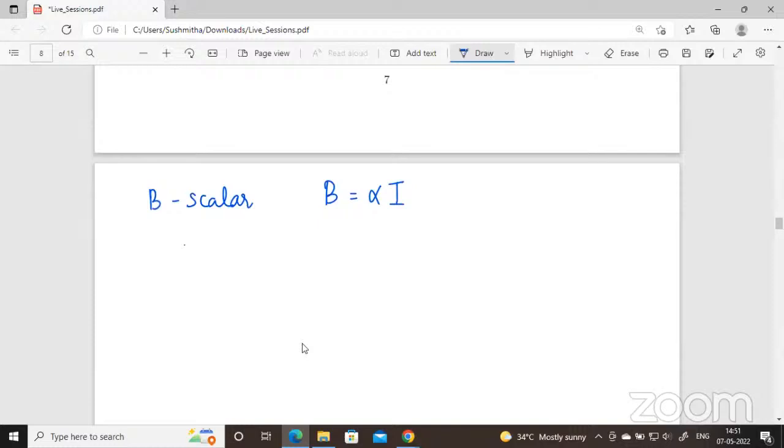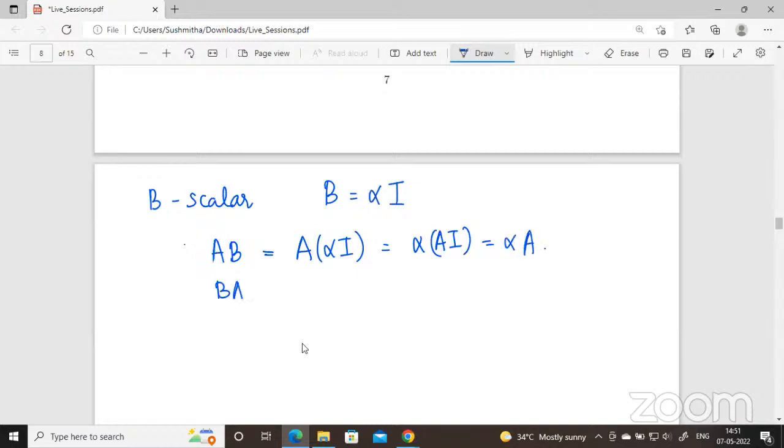So without the ABCD stuff, let's do this. If B is a scalar matrix, then it's going to look something like some alpha times identity, right? So what is A into B? A is any matrix. A into alpha times identity. Can I write it as alpha times A into identity? Yes, ma'am. And what is AI? A. Multiply any matrix with the identity matrix, you get this.